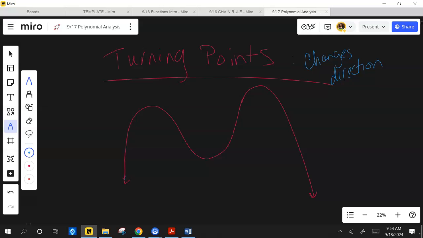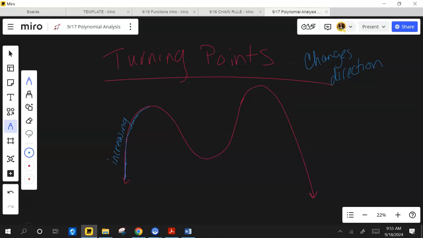Increasing goes up, decreasing goes down, right? So as I start out here and I'm moving this way because this is left to right, am I increasing or decreasing? Increasing.